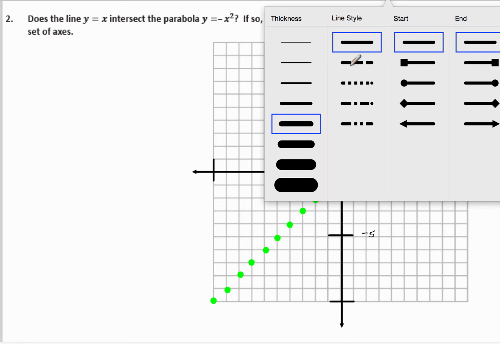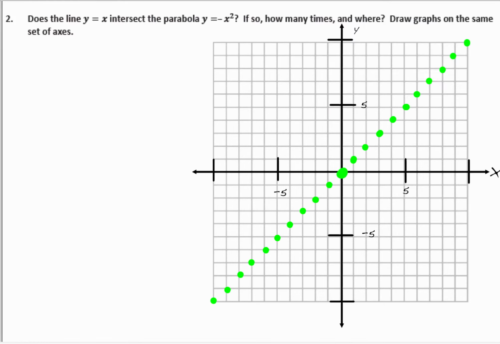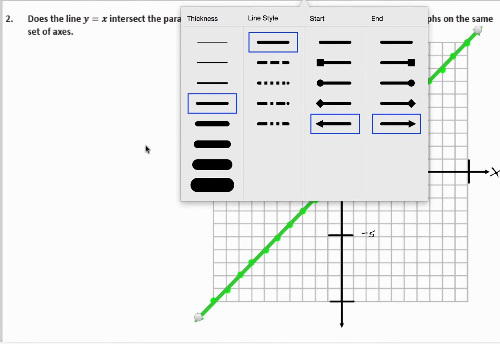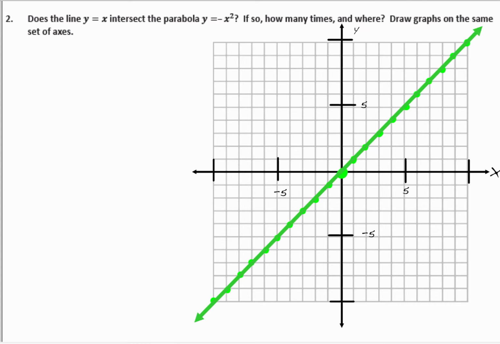All right, let's connect that with a straight line. And we're, of course, going to label that.